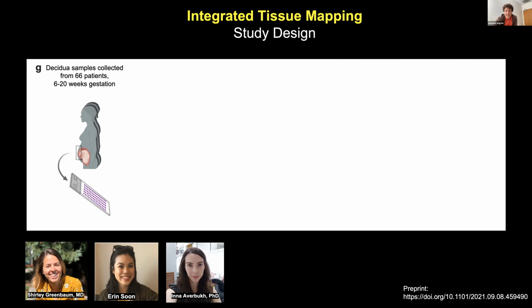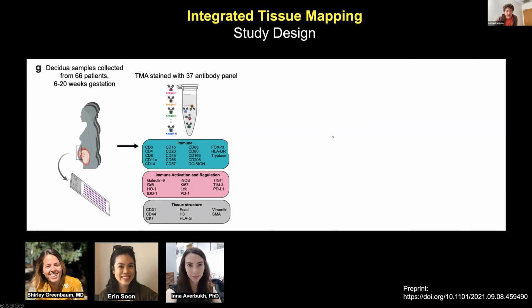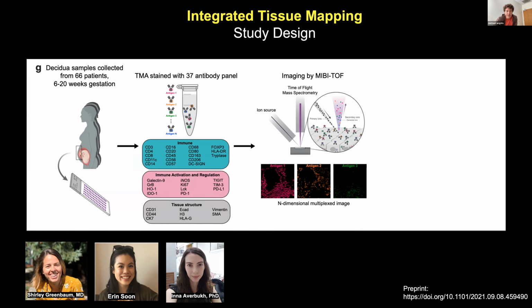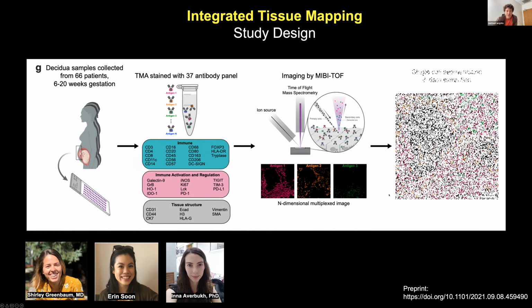From those, we constructed a couple of tissue microarrays, and we stained them with a 37-plex antibody panel. This primarily focused on understanding EVT states as well as decidual immune cells. We then imaged it with MIBI, and we end up getting images that look like this.